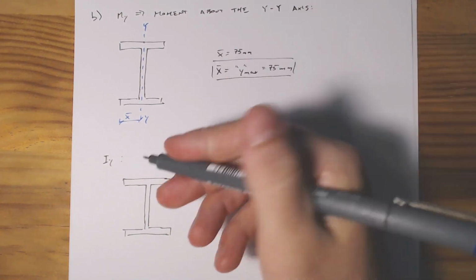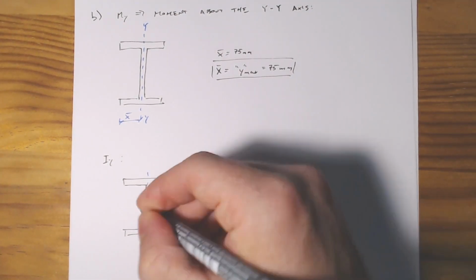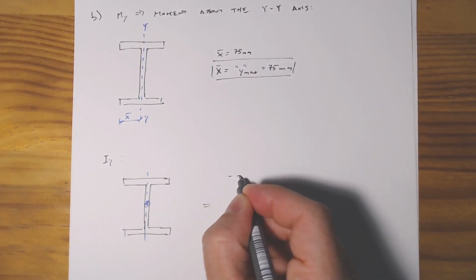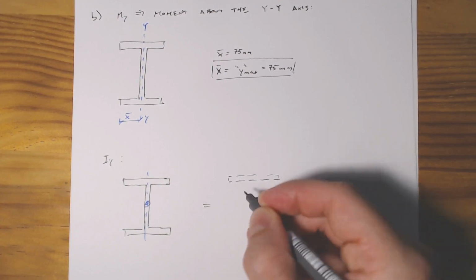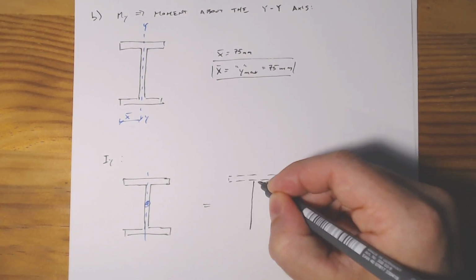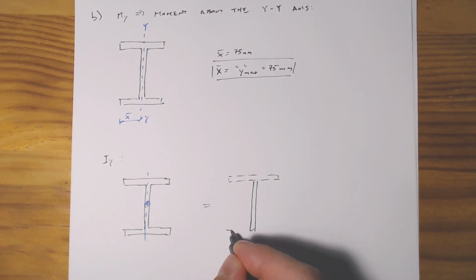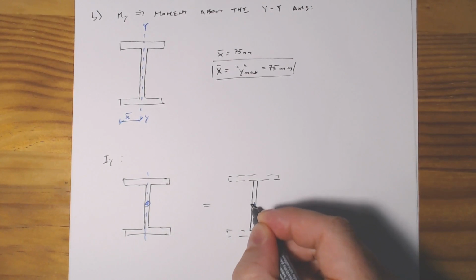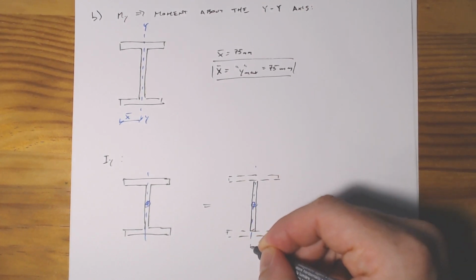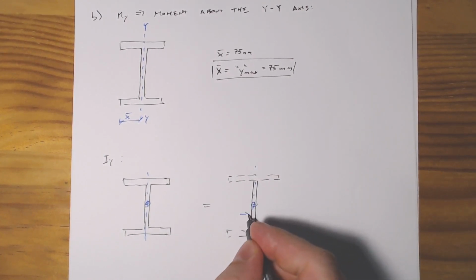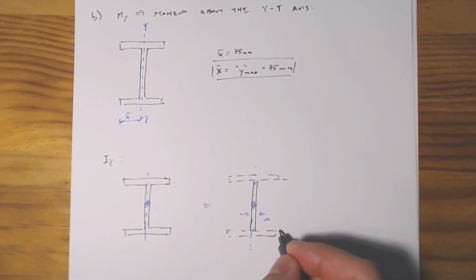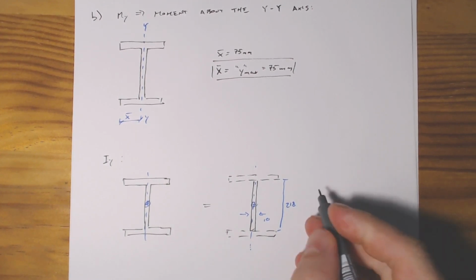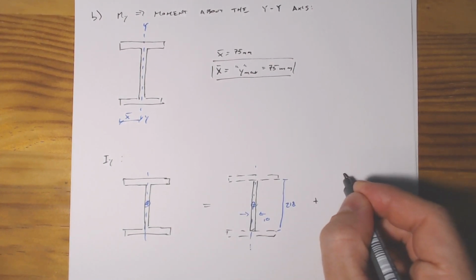Our total moment of inertia is simply going to be the moment of inertia of the web, and put some dimensions, so that's 10 millimeters by 218, and then plus the moment of inertia about the flanges.